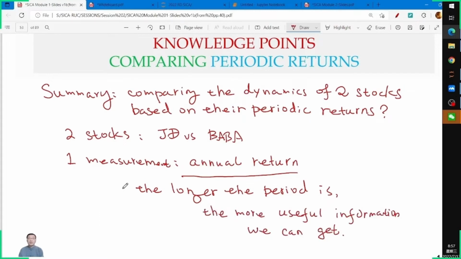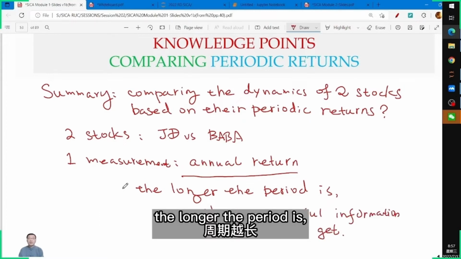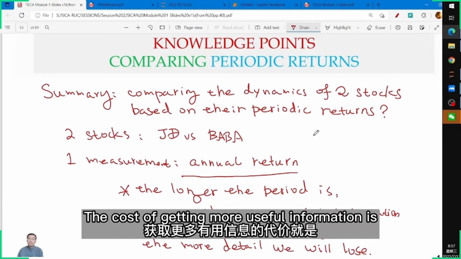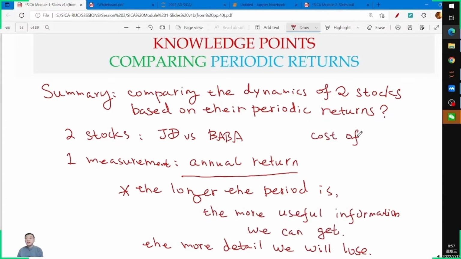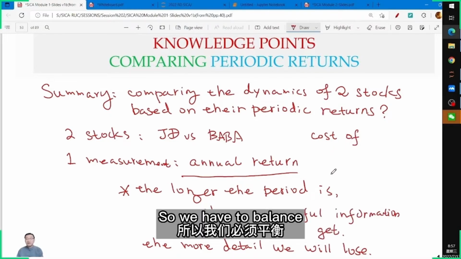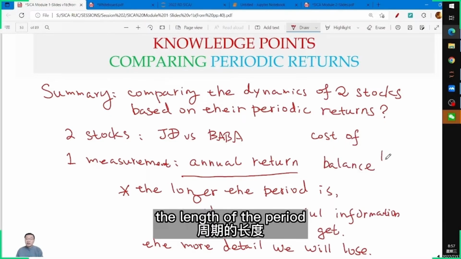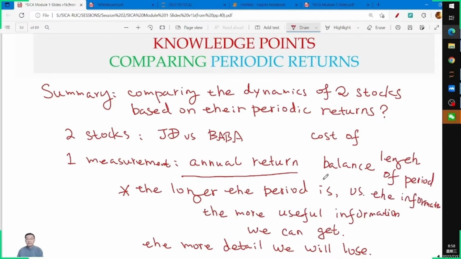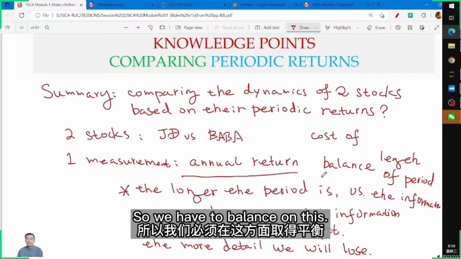However, the longer the period is, the more detail we will lose. The cost of getting more useful information is we lose too much detail about the stock return. So we have to balance the length of the period versus the useful information we expect to get.